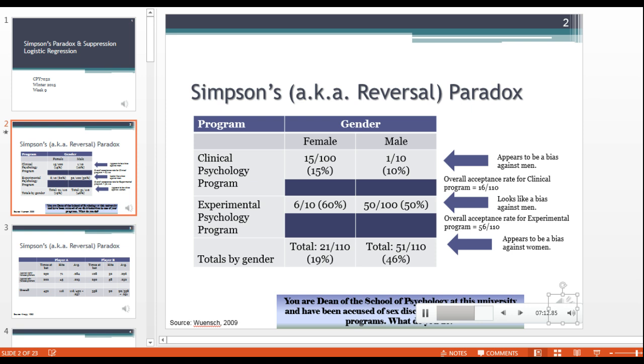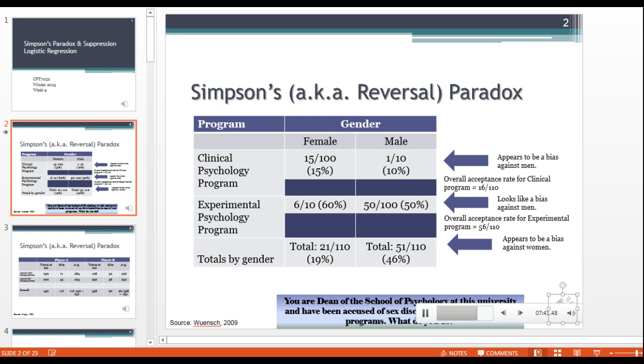So when we do that math, we get 37.5%, and please note that all of these numbers with explanations are provided in the notes at the bottom of this slide, so you can check them out at your leisure. For males, we're going to do the same thing. We're going to do 10% plus 50%, and then divide by 2 for the two programs, and that gives us a total of 30% as a selection rate for males.